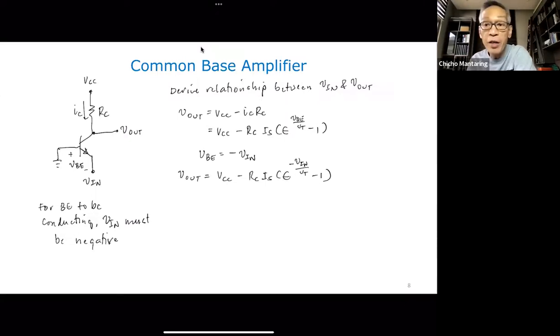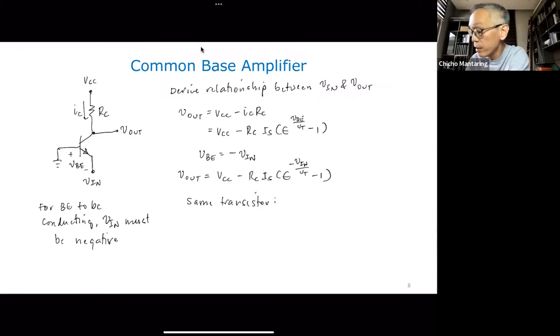If VIN is positive, then my base emitter will be reverse biased and my transistor will be in cut off. Let's assume this is the same transistor.